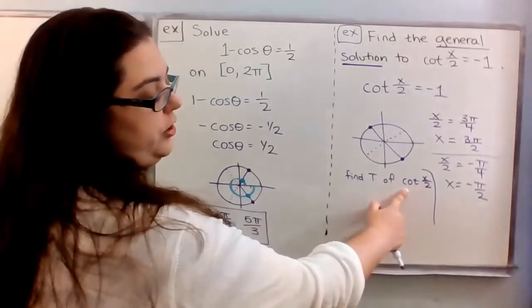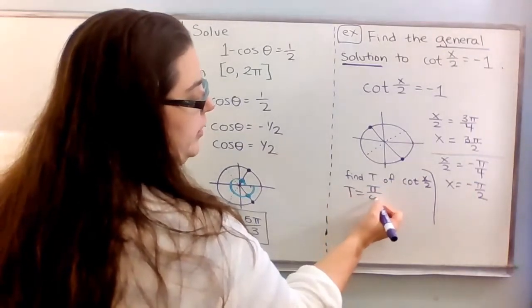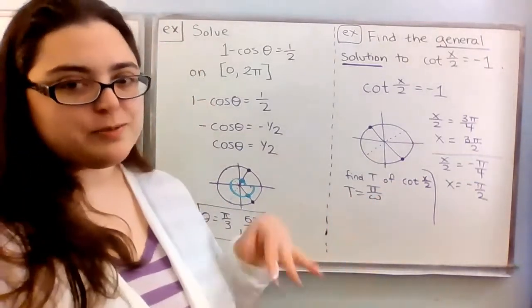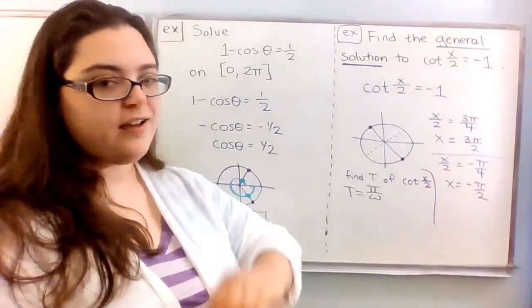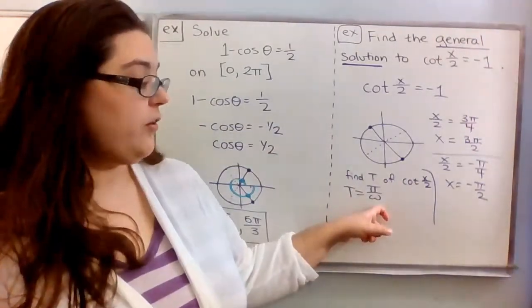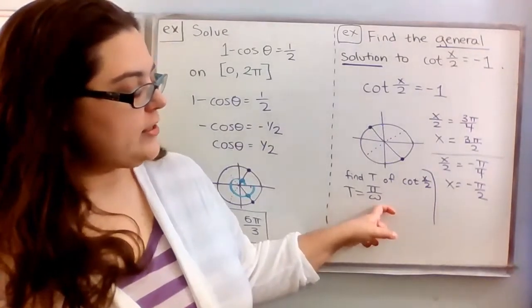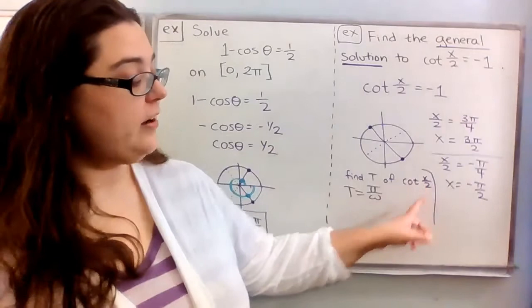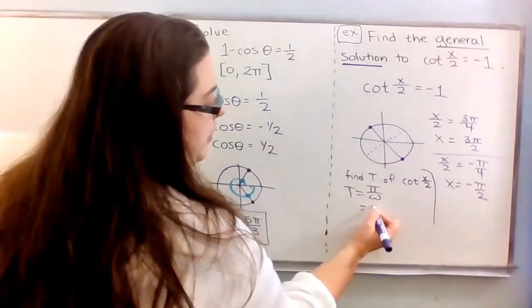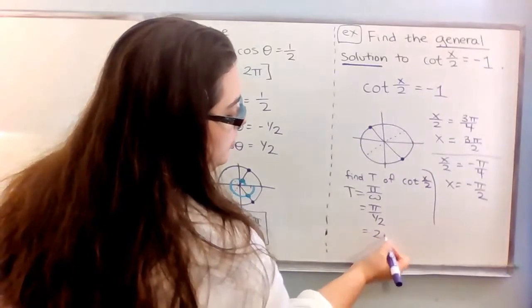But for tangent or cotangent, the period is going to be pi over omega. Remember, this is because tangent and cotangent have a typical period of pi. So we need to divide by the coefficient of x to figure out what that period should be. So in this case, omega is going to be 1/2. So we have pi over 1/2, which is 2 pi.